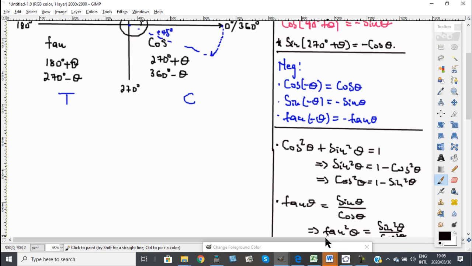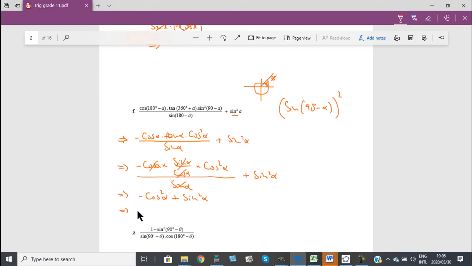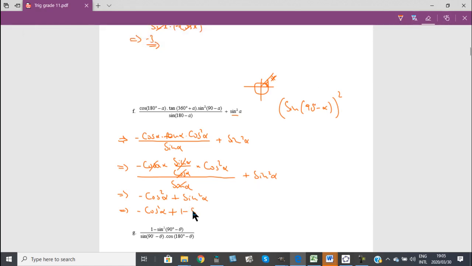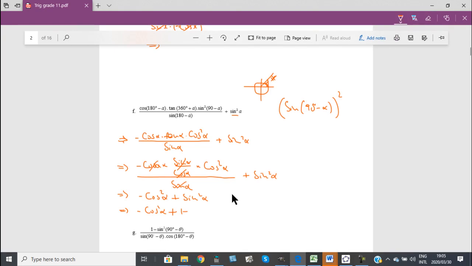Whichever one you choose, it doesn't matter, but I'll rather keep the negative one so that I don't struggle with the sign, and change the positive one to 1 minus cos squared alpha. So then I'll have this as 1 minus 2 cos squared alpha. Okay, that reduces it to just one trig ratio.